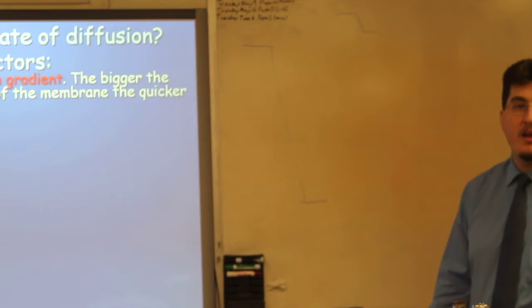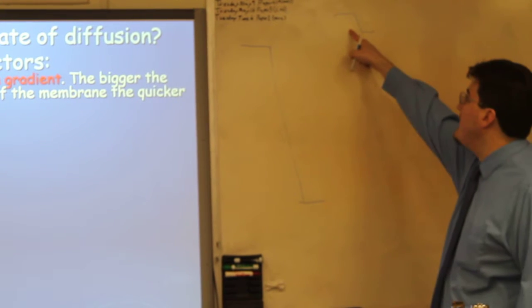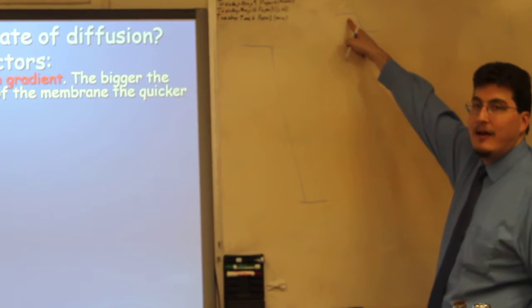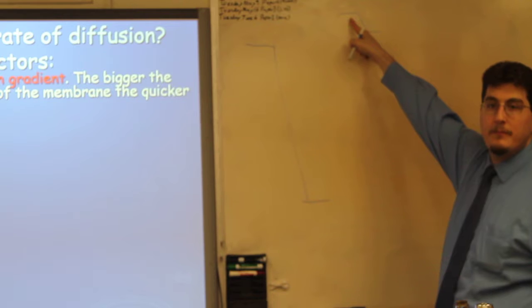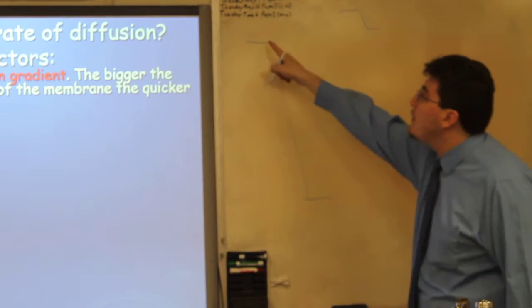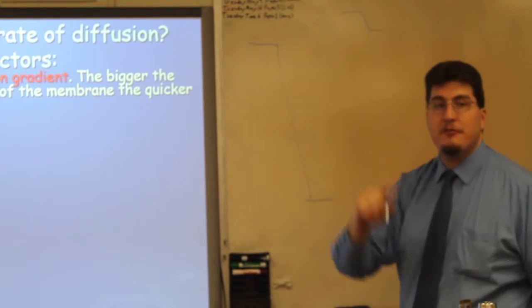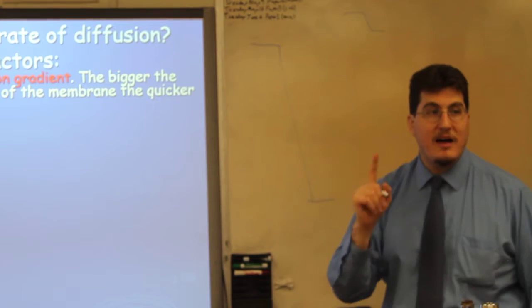That's not a very steep concentration gradient. This will be a faster rate of diffusion than this, even though this is a higher concentration to start. It's the concentration gradient, the difference between my high and my low. It's always the difference, the steepness of my slope.